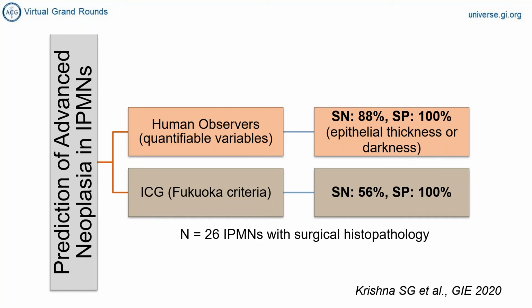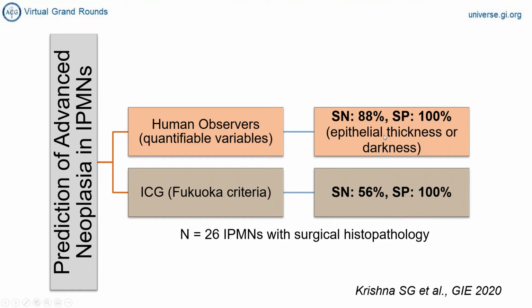So we did a study using endomicroscopy experts across the world, and they looked at 26 IPMNs with the gold standard surgical histopathology as the reference, and they were able to classify these IPMNs into low-grade and those with advanced neoplasia with a sensitivity of 88% and a specificity of 100%.